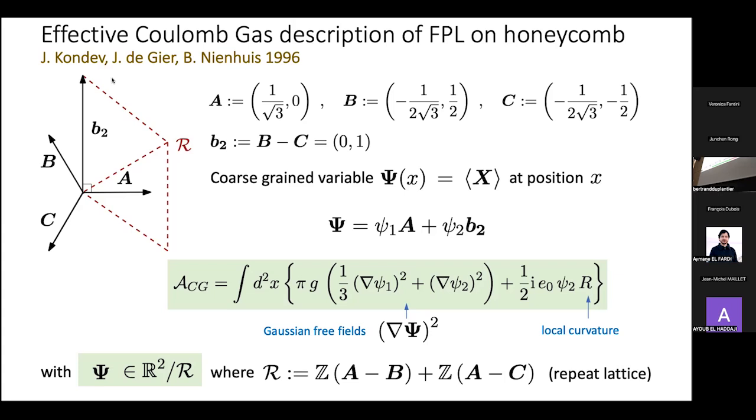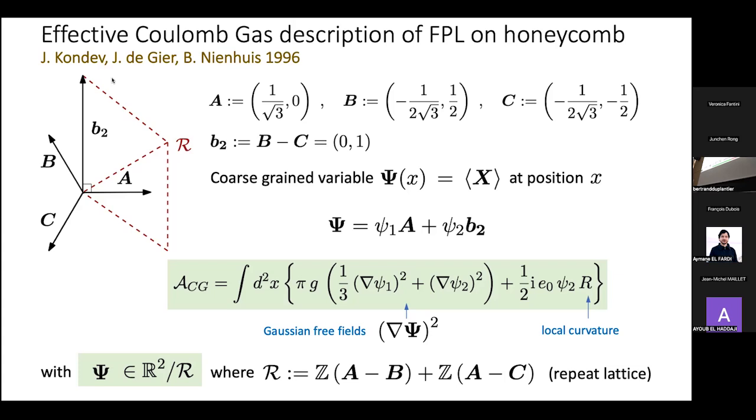And essentially, of course, there is a kind of crystallography here. So there is a certain repeat lattice, where if you change your height by this combination of vectors, you are going to find the same local configuration of your height. So psi is just this combination in R squared modulo the repeat lattice.